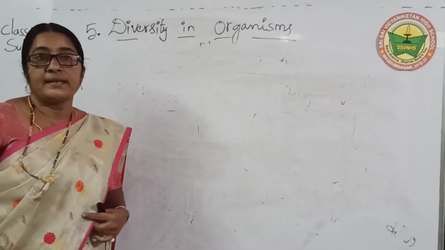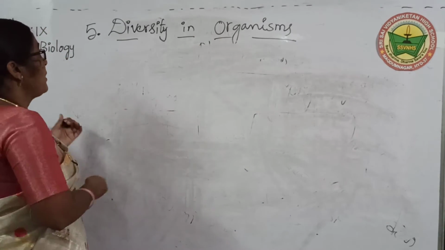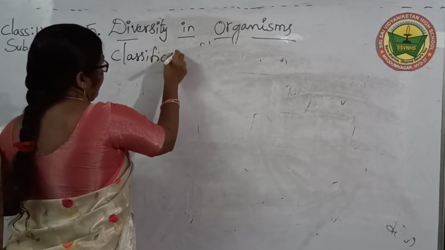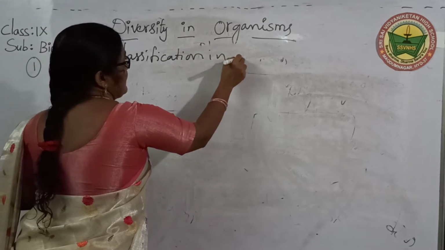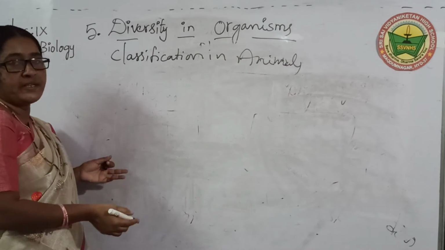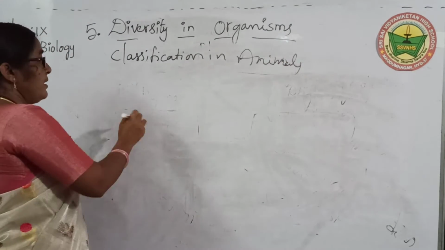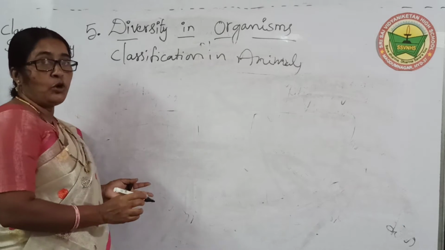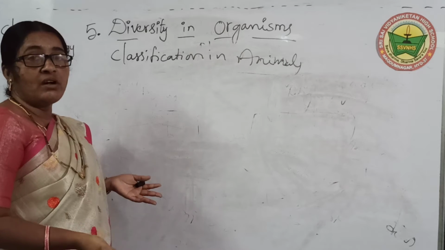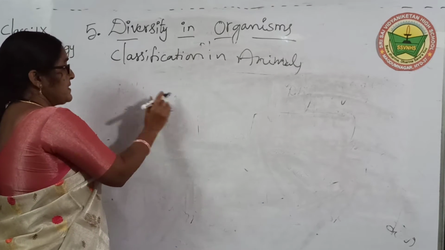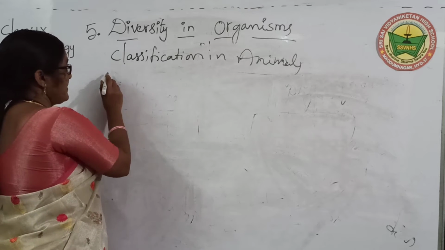Children, you already know that we discussed some groups. In the classification of animals, the major groups are otherwise called phyla. What do we call a phylum? The major group.